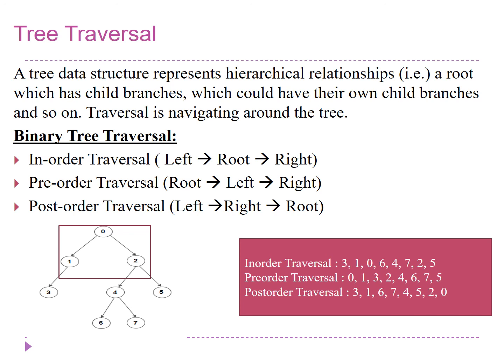We have finished processing the leftmost node, hence we process the root, which is the 0, followed by the right subtree. We do not process 2 because 2 is the root of the right subtree.